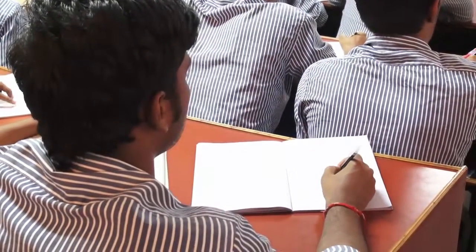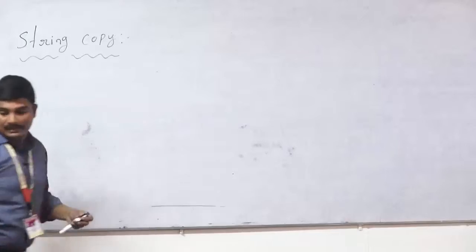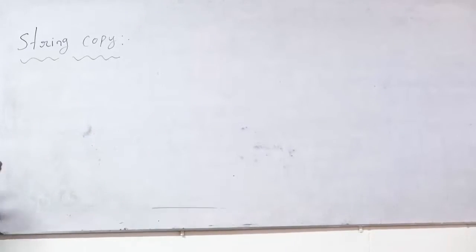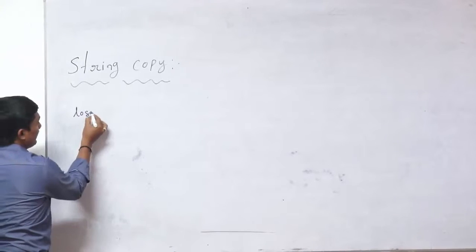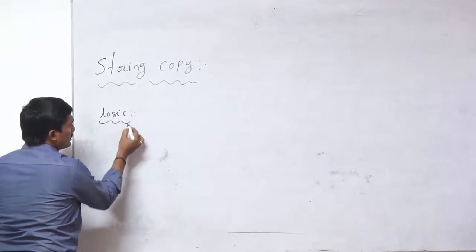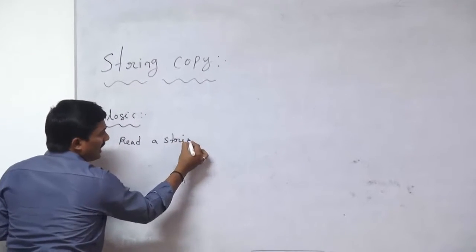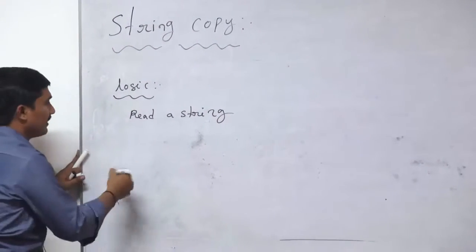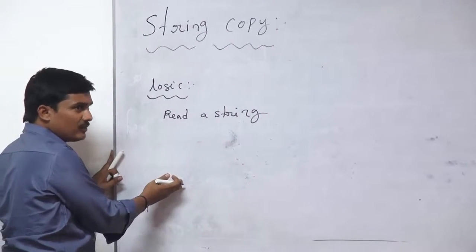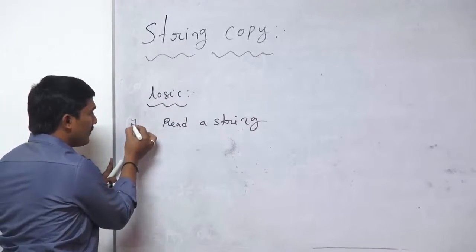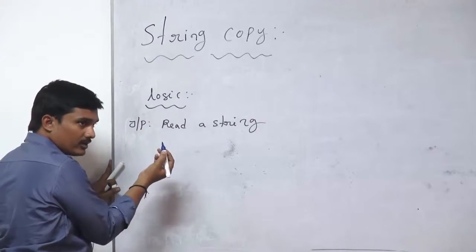So now we are going to write the program. Again, let's see, what is the logic? First, read a string. After reading a string, is there any other thing we have to read? Any more input? No more input.